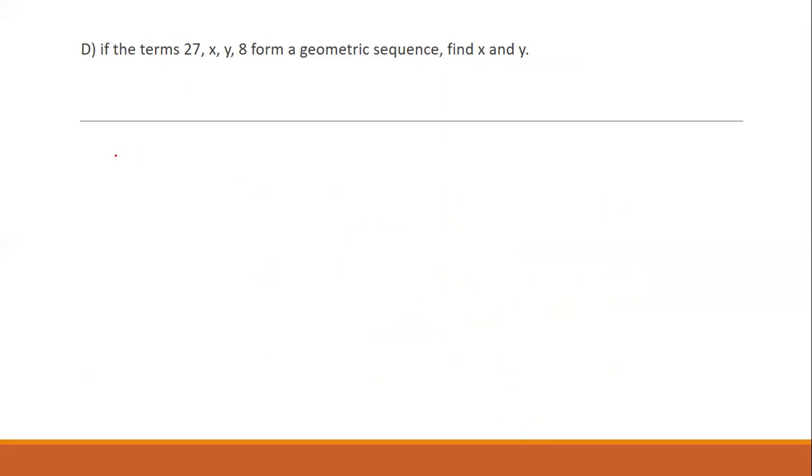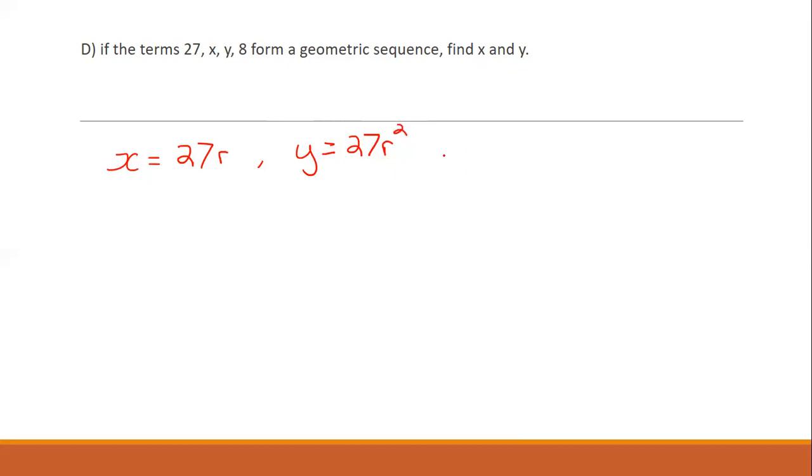So x is equal to the previous term, which is 27, multiplied by r, multiplied by a ratio. Y? Well, that's going to be equal to the previous term multiplied by the ratio as well. But since we don't know x, we can go ahead and write the first term, 27, multiplied by the ratio squared, multiplied by the ratio times the ratio.